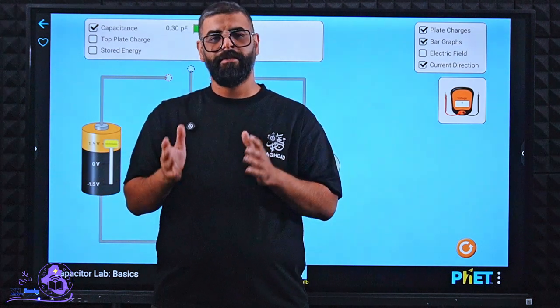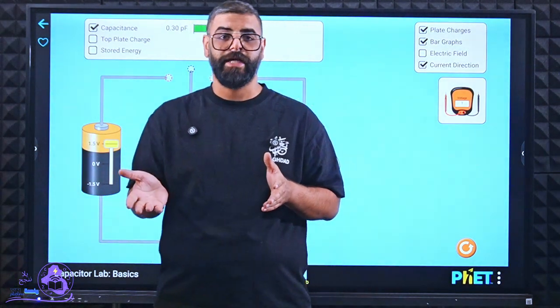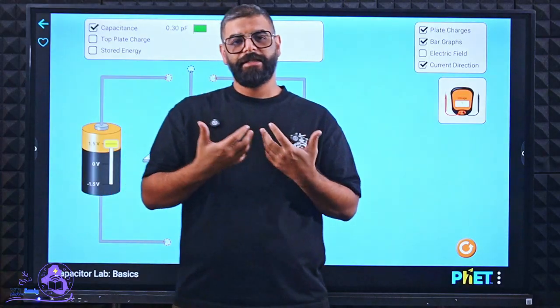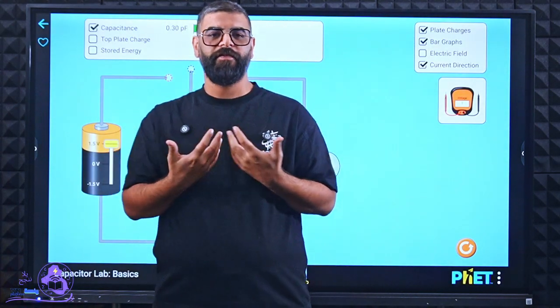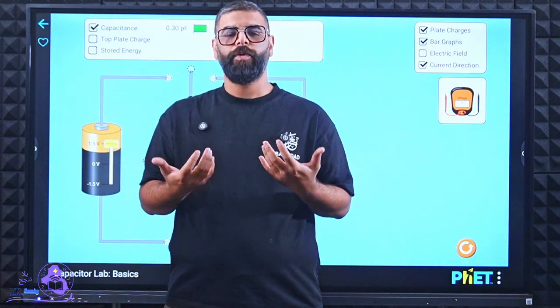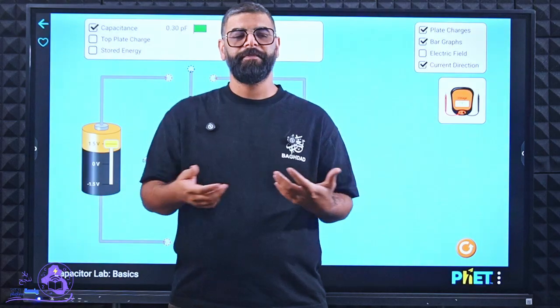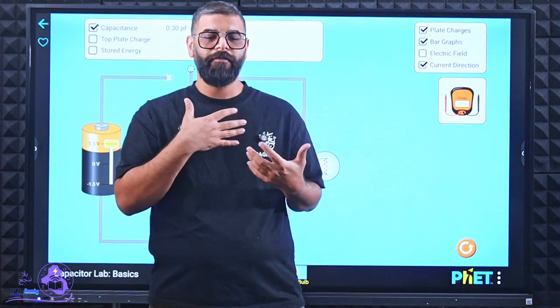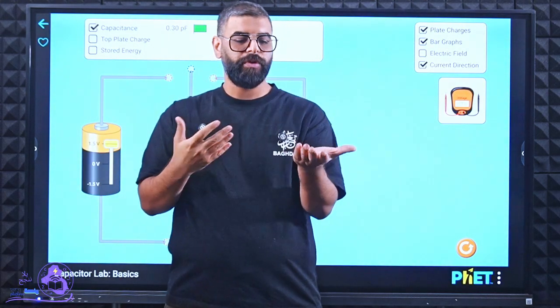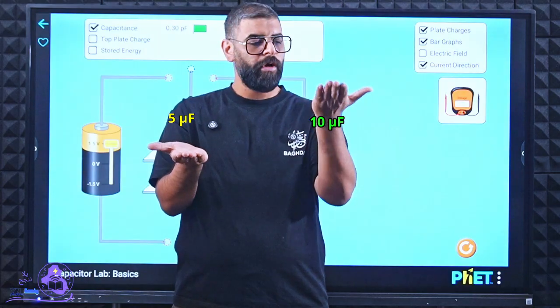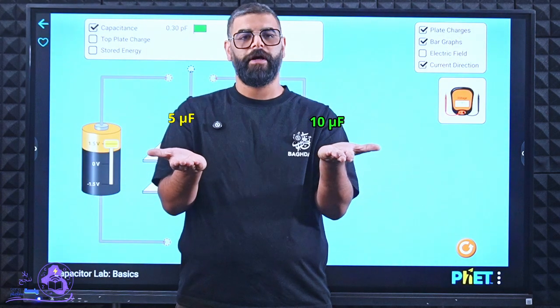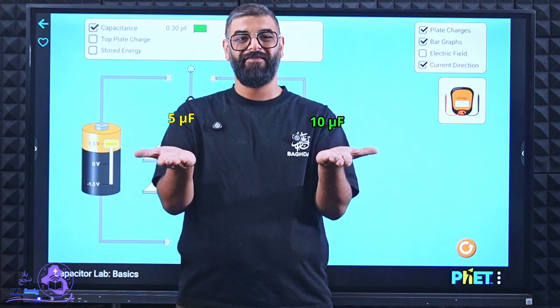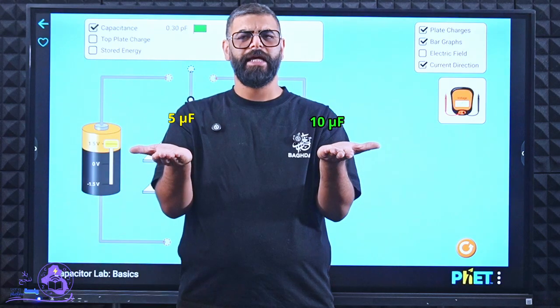Both charges are the same in quantity but different in their types. Now, let's assume that we have a manufacturer producing capacitors, and we produced two capacitors, one of 10 microfarad and the other of 5 microfarad. How does that happen?